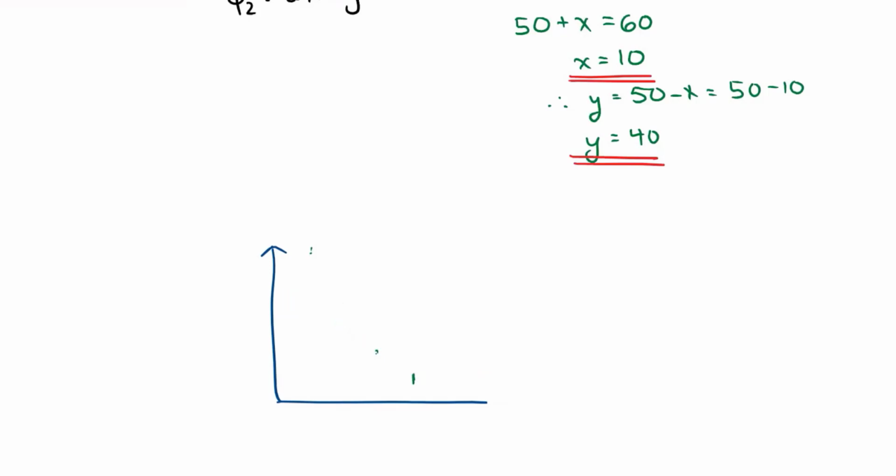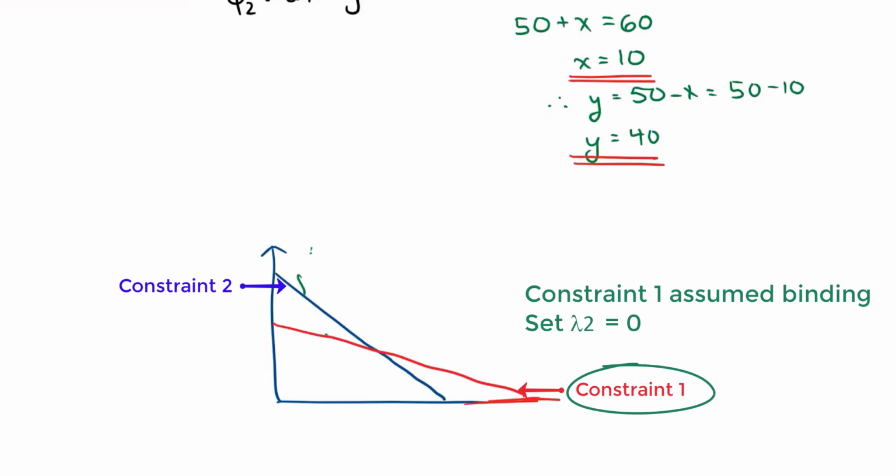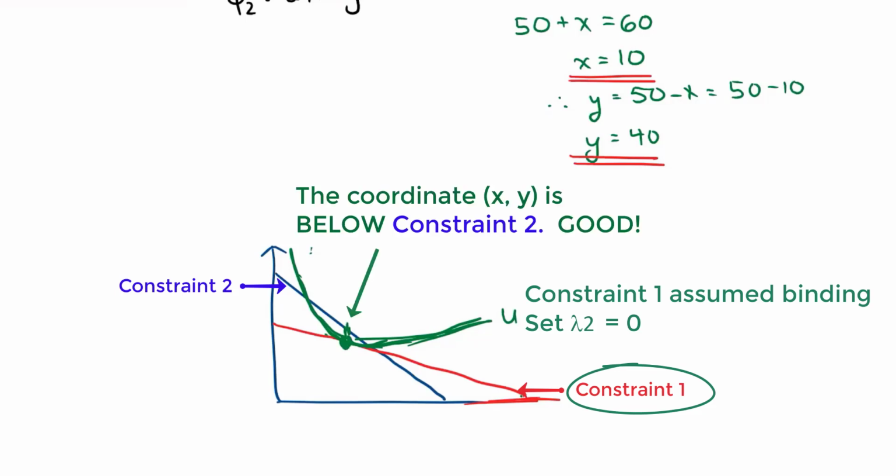Now, sometimes what happens is something like this. We optimize our utility based on this constraint, and we get a value over here. Now, where optimal is the highest utility that would work for constraint 1, and it also satisfies constraint 2. So we're happy, it satisfies both.